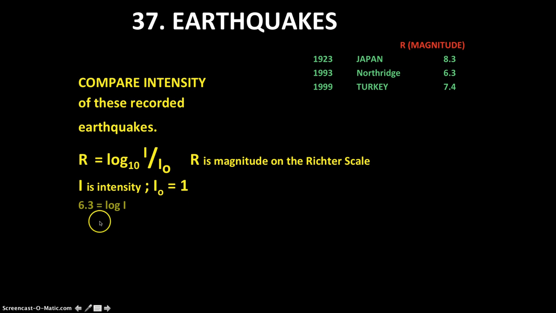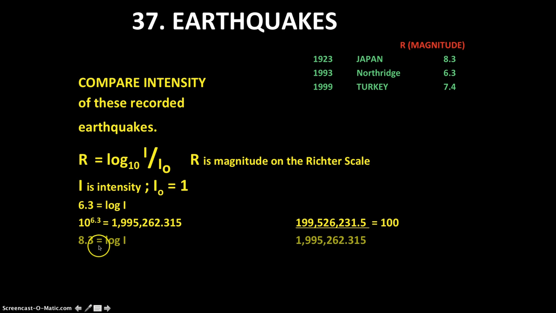So we're going to take the 6.3 right here, equal to log, notice base 10, of I, capital I, and reverse it into an exponential, and we find out that's almost 2 million. That's the intensity. And then we try the 8.3 on the Richter scale, and we find that that one is 100 times more powerful.